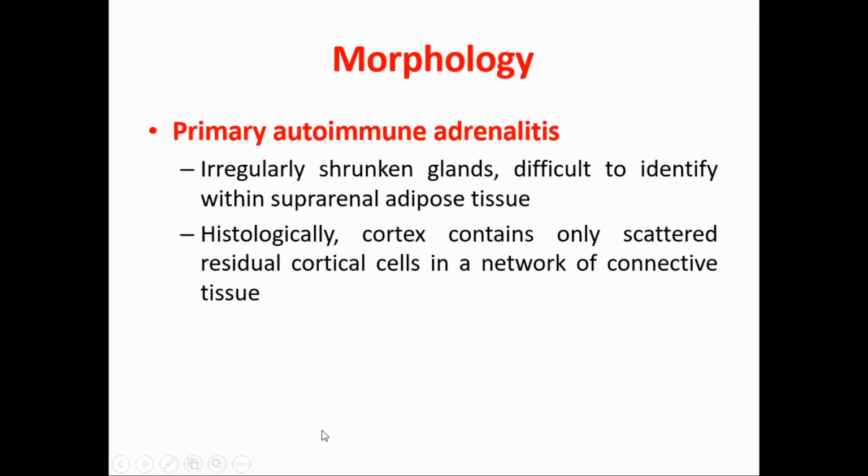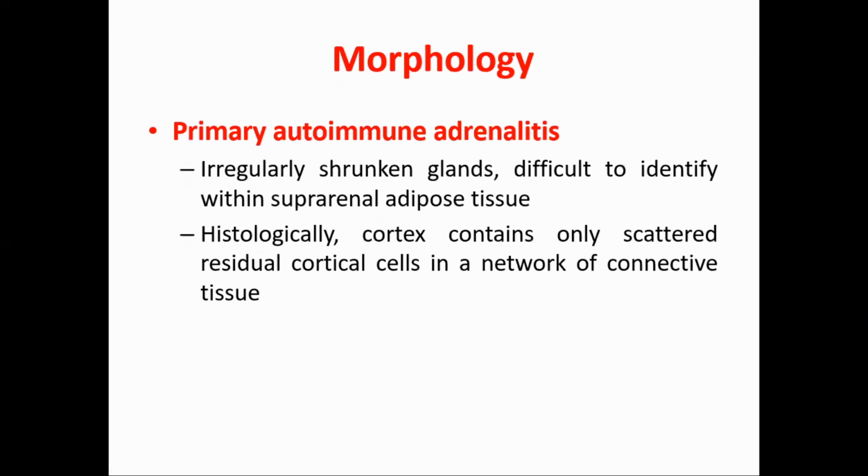So morphologically, as we know, the most common cause is the autoimmune adrenalitis. What happens is that the glands become shrunken morphologically, and we can't identify the adrenal gland situated over the suprarenal region, okay.